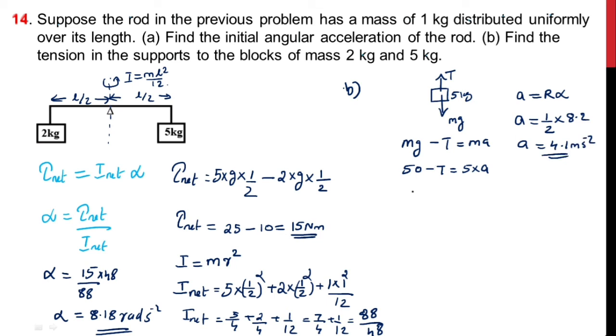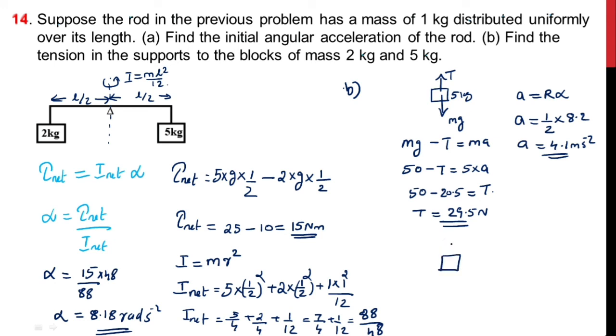If you substitute this value, we get 50 minus 5 into 4.1, that is 20.5, which is equal to the tension. So the tension acting on the 5 kilogram block is 50 minus 20.5, that is approximately 29.5 Newton.